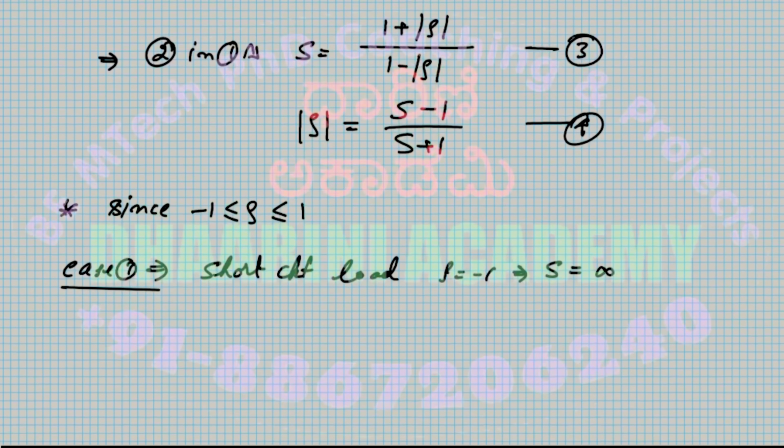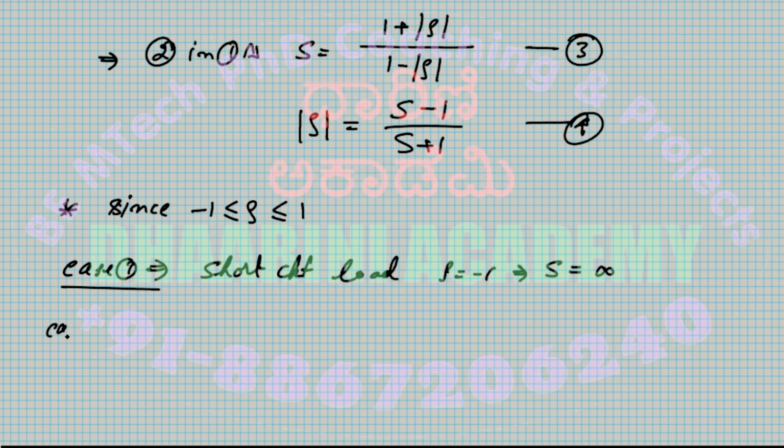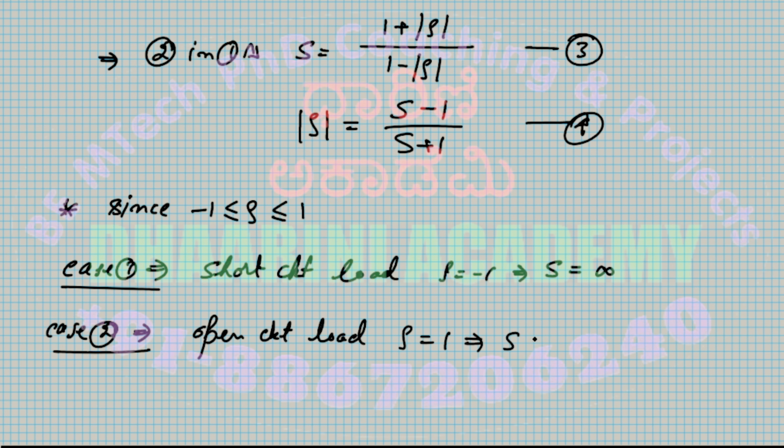Okay, moving ahead. So this is case number 2, open circuit. What is rho? Plus 1. Tell me what is S? S is infinity once again, right? So which means on a short circuited as well as open circuited load, you will find the standing wave ratio to be infinity.